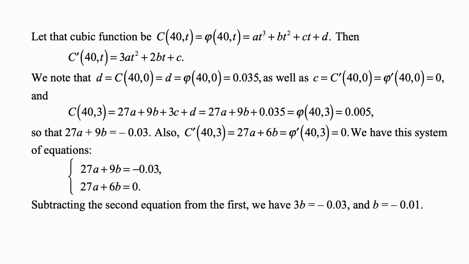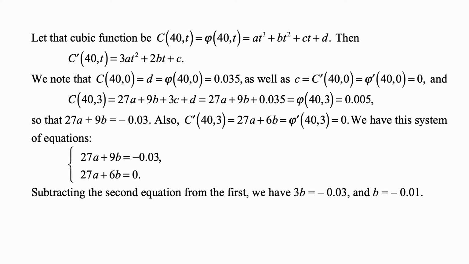We note that C of (40, 0) is d. That's phi of (40, 0), and that's given as 0.035. Then the derivative of C at (40, 0), which is phi prime of (40, 0) as well, is given as 0, and that is equal to c, because that's the value of C prime of (40, t) when t is 0.